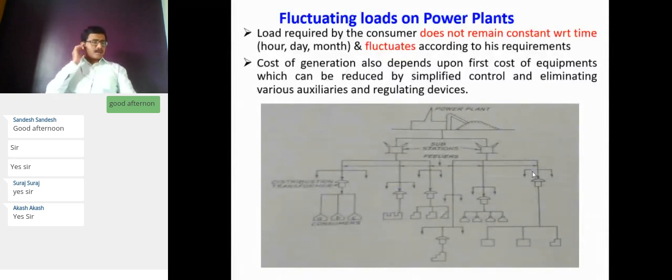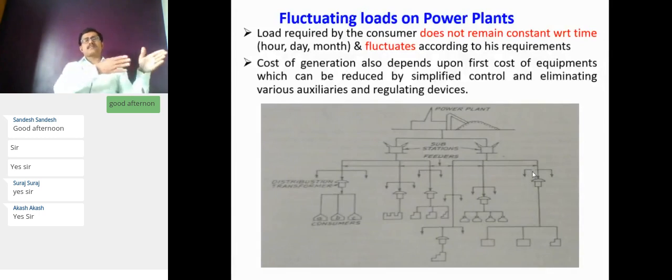It means that, suppose on the daily basis, the number of units that I used yesterday is not necessarily the same number of units I use today, and not necessarily the same number of units will be used tomorrow. It means that on each day, the requirement of the consumer may be different.